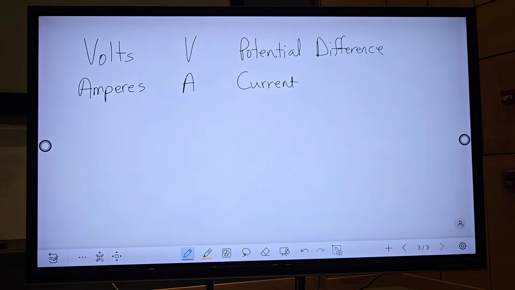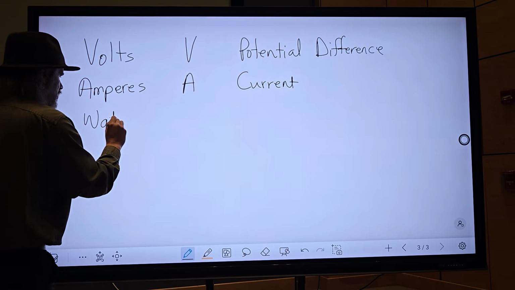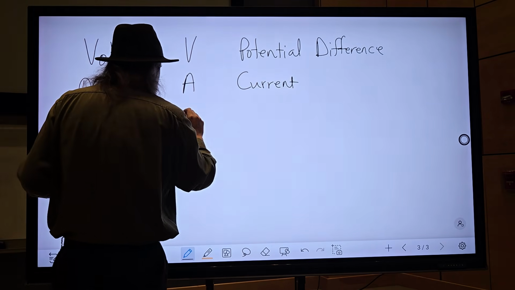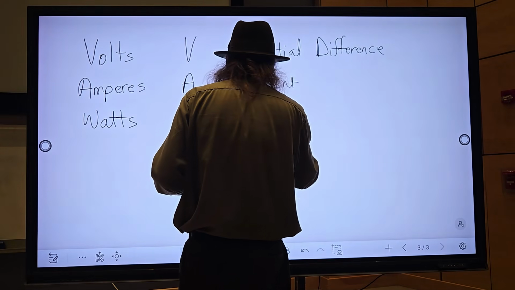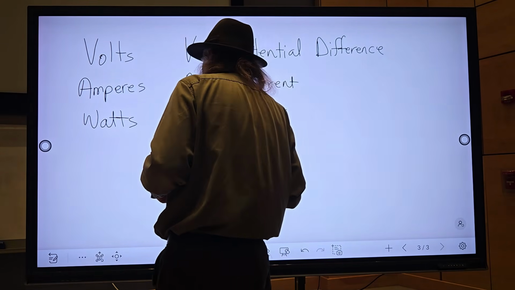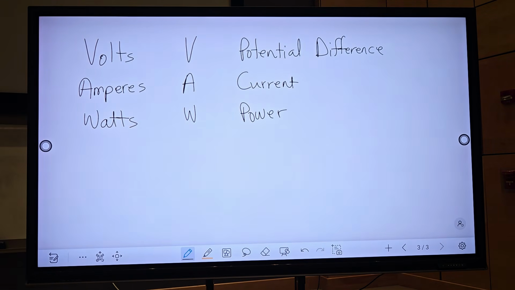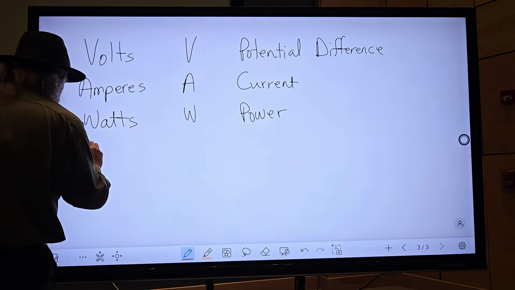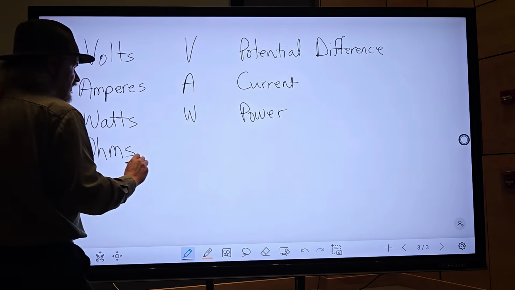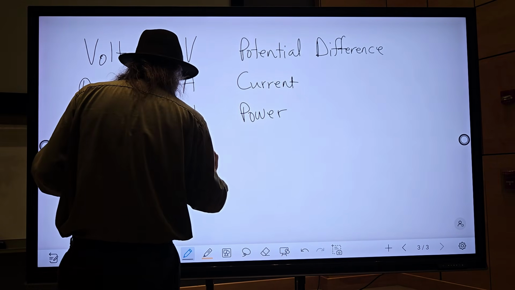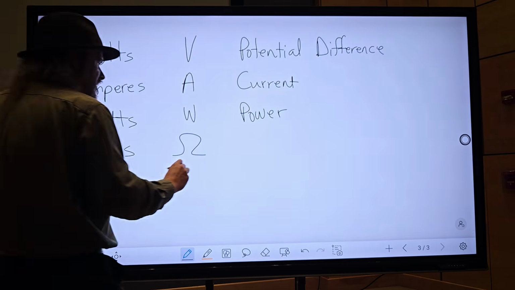We talked about power, which is in watts. So that would be W for power. In resistance, we talked about ohms, which is represented by a Greek omega symbol. That's resistance.